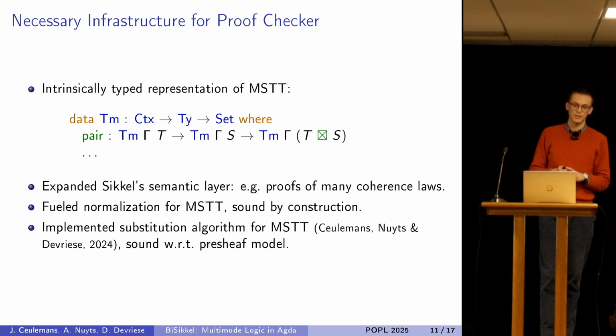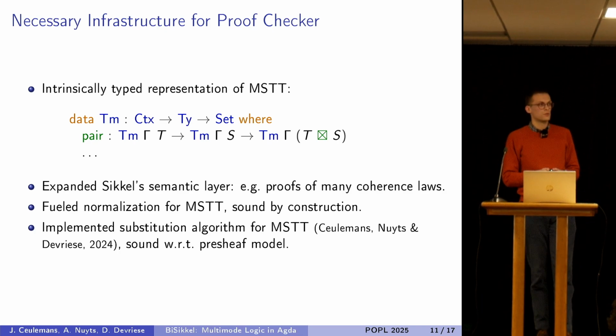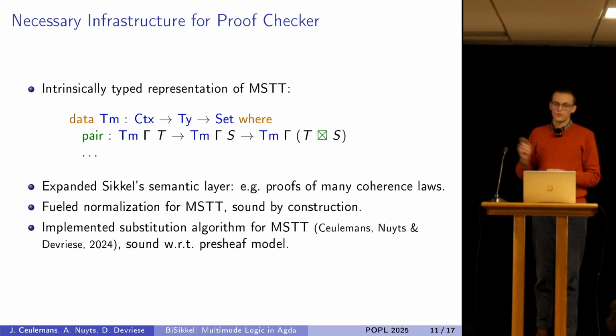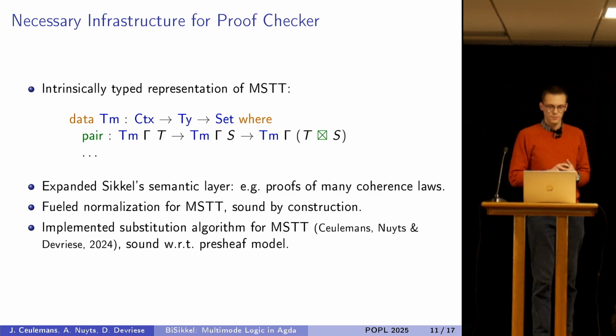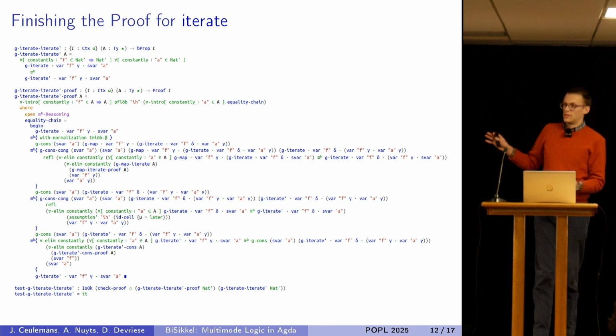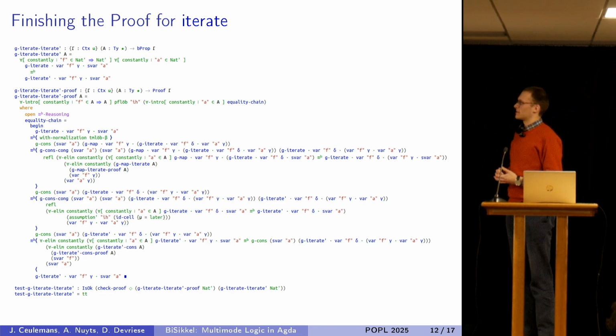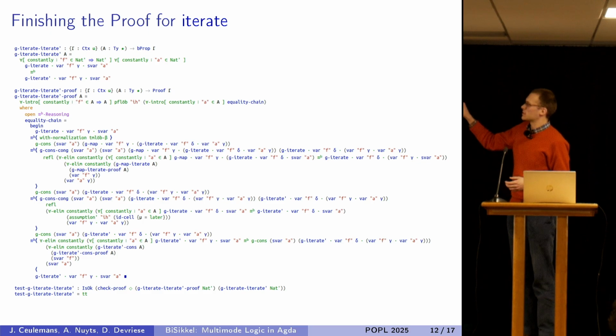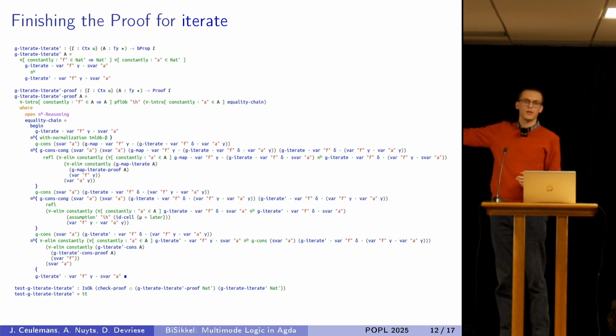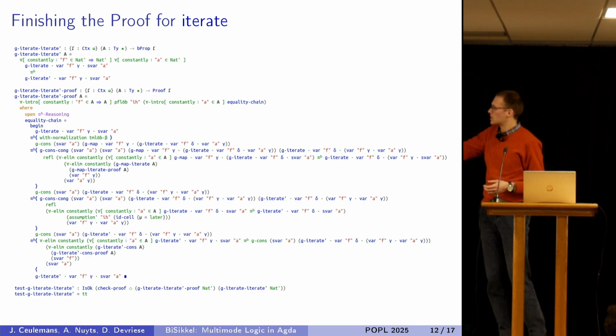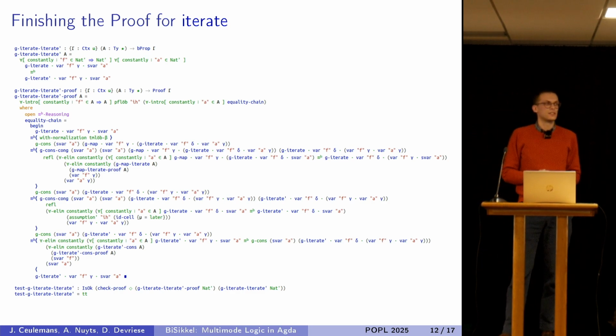And we also implemented a substitution algorithm that we described earlier, and we proved that it's sound with respect to the presheaf model. Okay, and then the entire proof looks like this. I will not go into all the details, of course, but I want to note that the first few lines are the proposition we actually want to prove. Then the majority of the slide here is the actual proof.